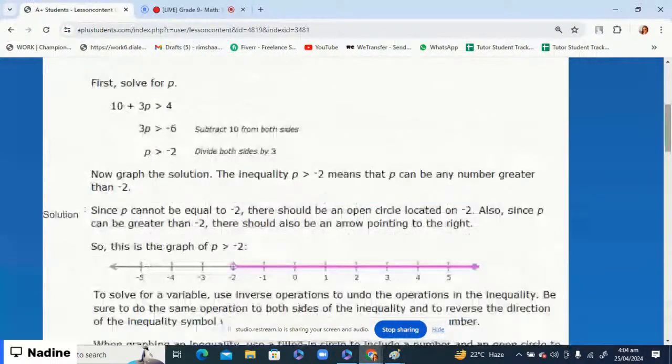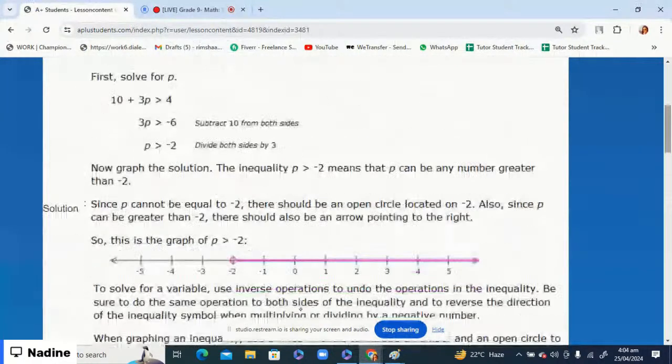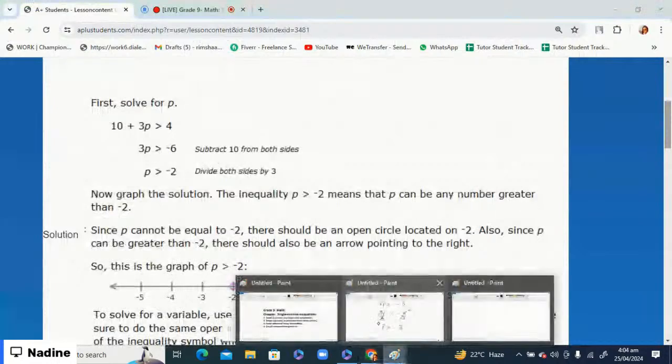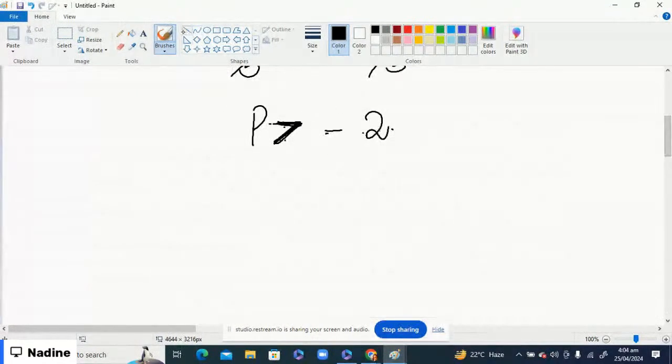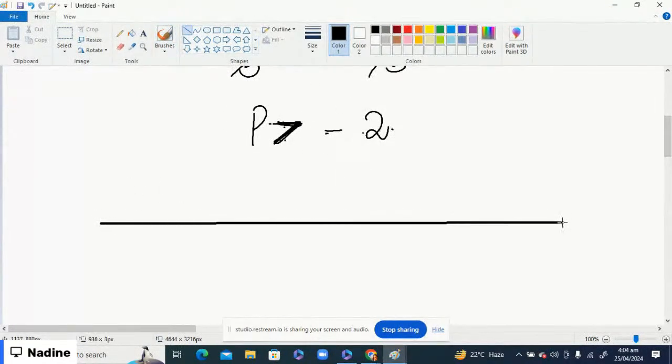Now this shows that p is greater than negative 2. For example, if we draw the number line, this is the middle point, the right side all positive, the left side all negative.